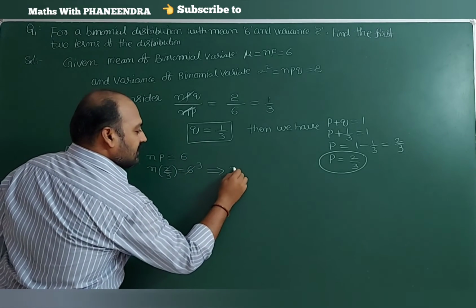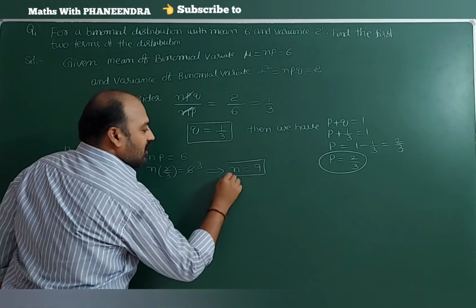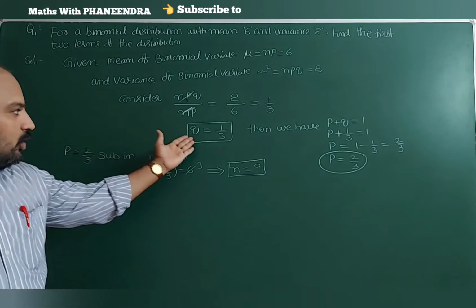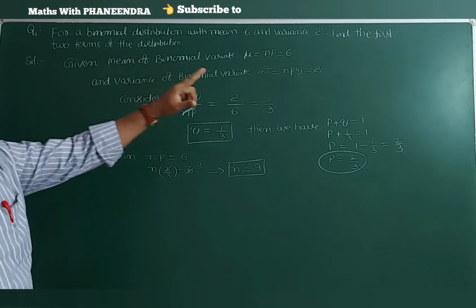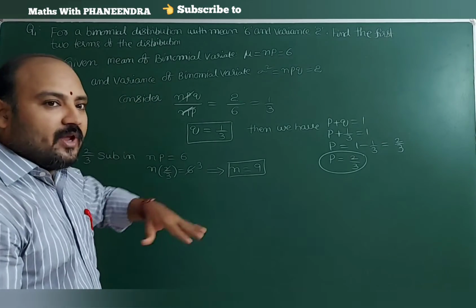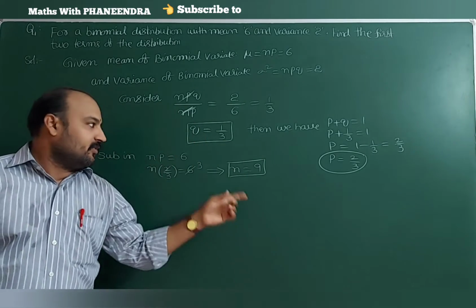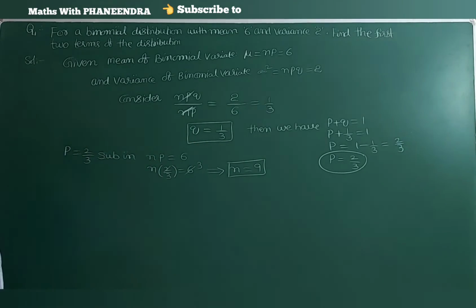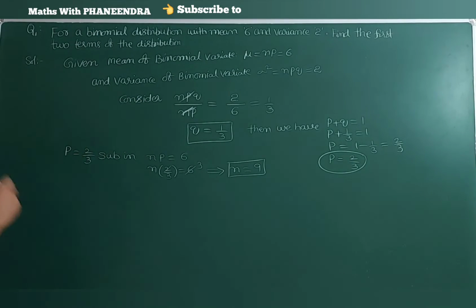So that implies n is equal to 3 into 3, 9. So we got the n value, q value and p value. They are asking for the first 2 terms of the distribution. In this binomial distribution, what is the range? From 0 to n. n is equal to 9 here, so the range is from 0 to 9.